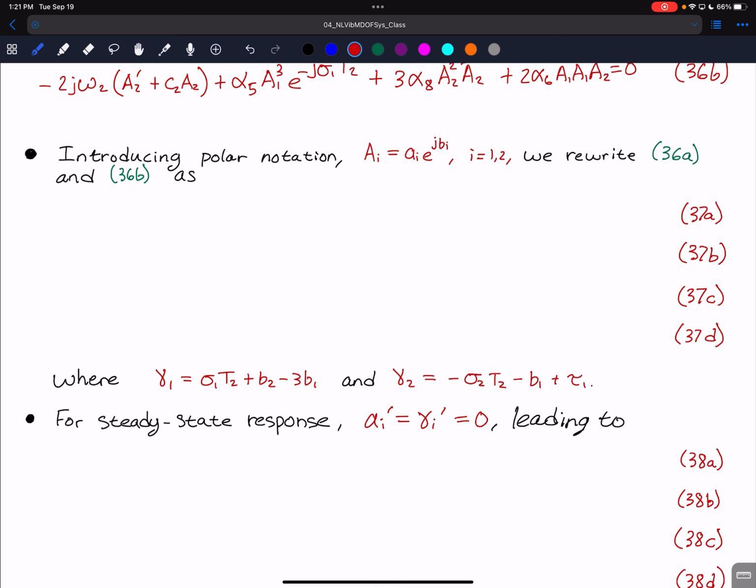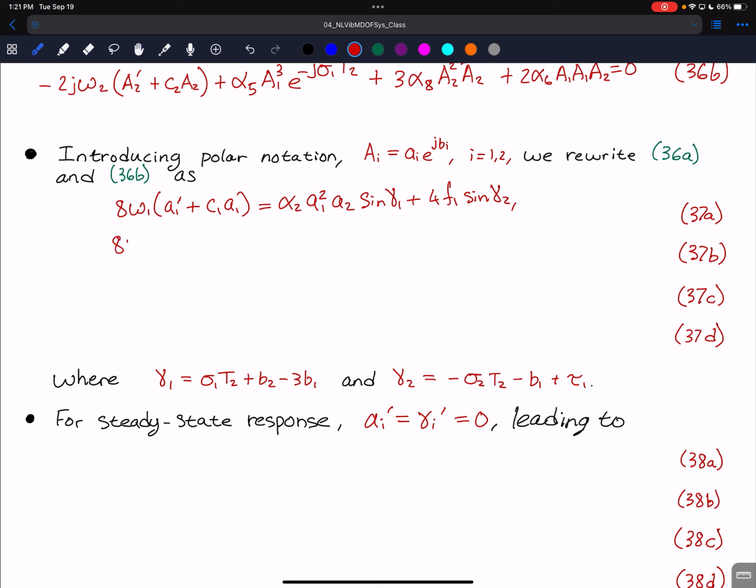First, we'll get 8 omega 1 times A1 prime plus C1 A1. This is then equal to alpha 2 times A1 squared A2 sine gamma 1 plus 4 F1 times the sine of gamma 2.